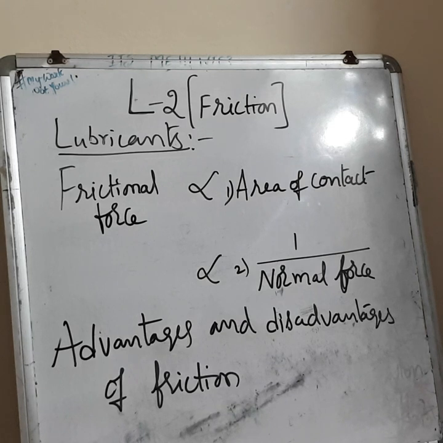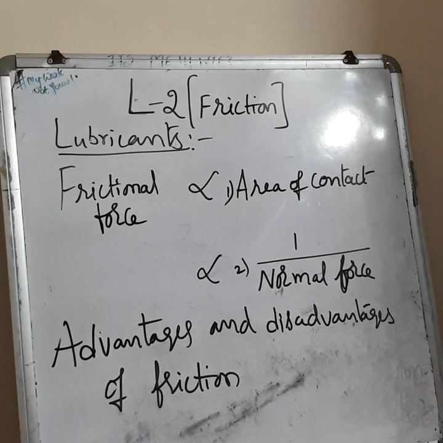First take the brick horizontally and note the force, then place the brick vertically and do the same. In both cases, horizontal and vertical, you will get the same force. Means the frictional force does not depend on the area of contact.